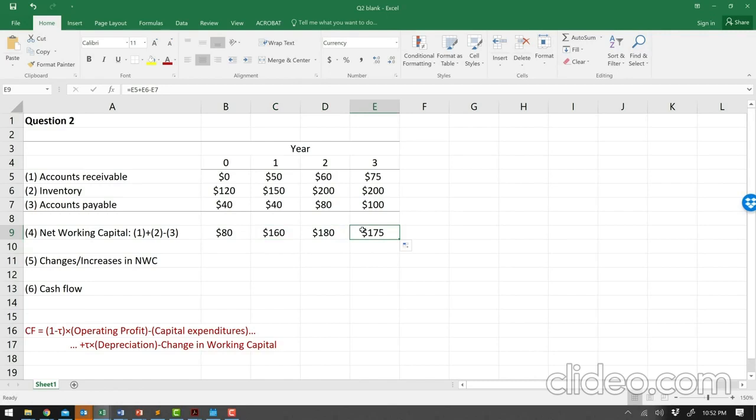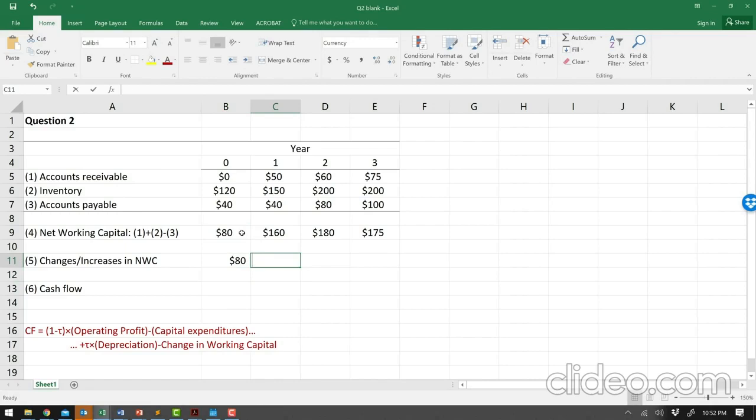Now, recall that it's not the net working capital itself, but rather changes in net working capital that affect the cash flow. So let's compute increases in net working capital each year. In year 0, this increase is just $80,000 because we go from 0 up to $80,000.